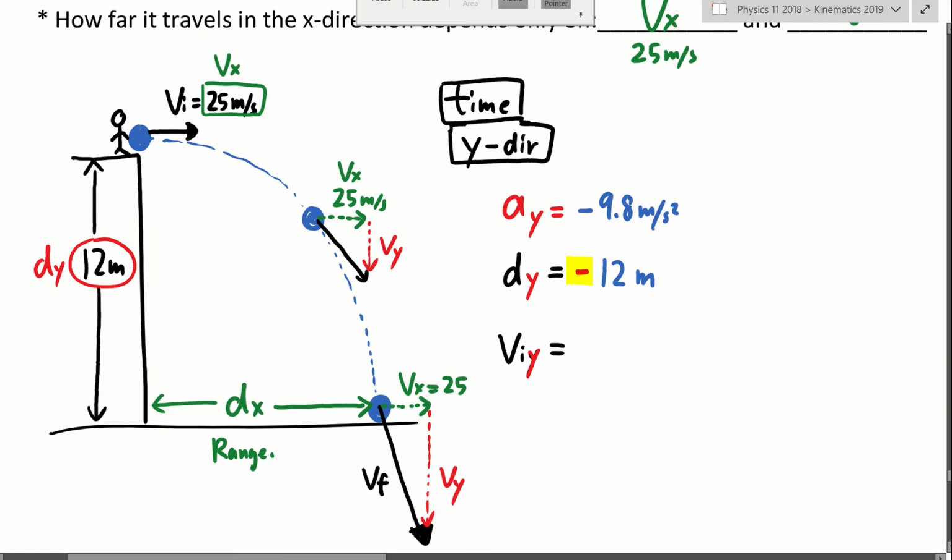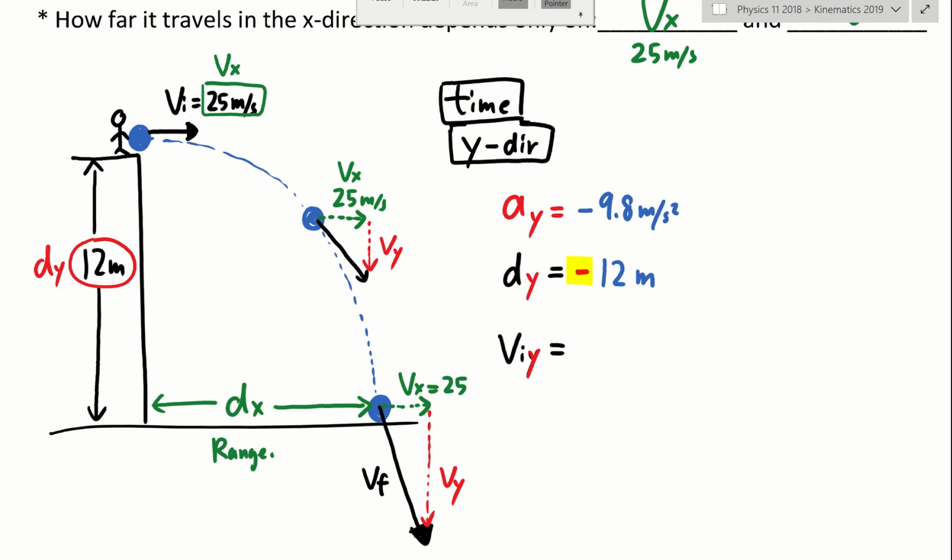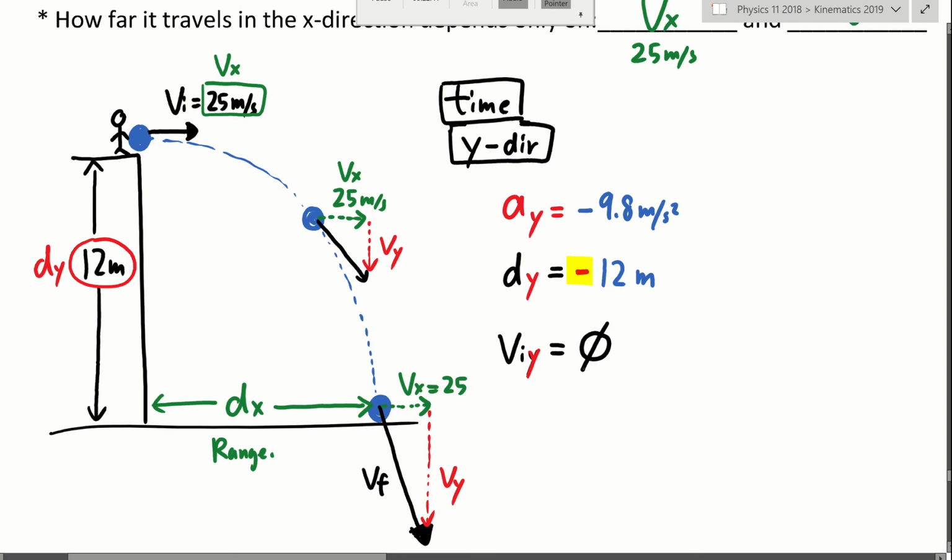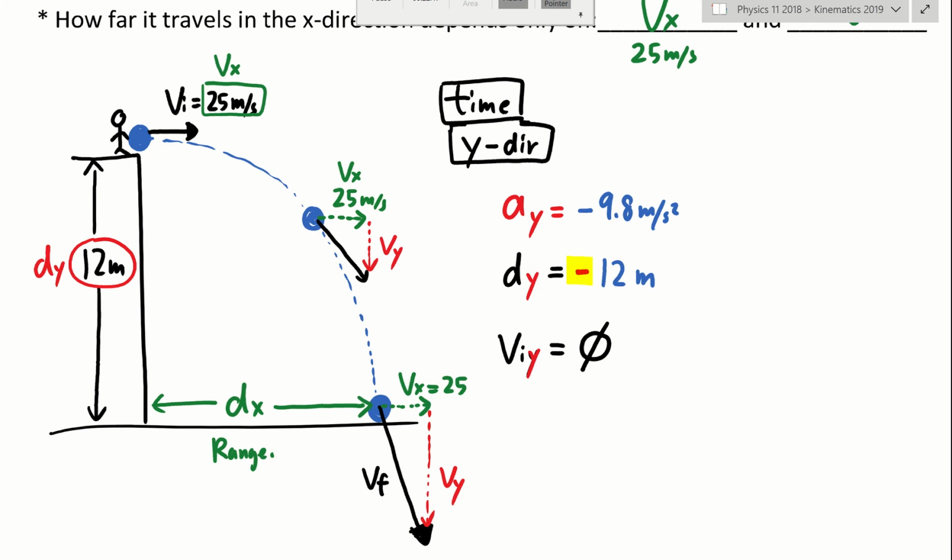So what is your initial speed in the Y direction? If our initial speed only has an X direction, then that means the Y component is 0. The Y portion of your initial speed is 0.